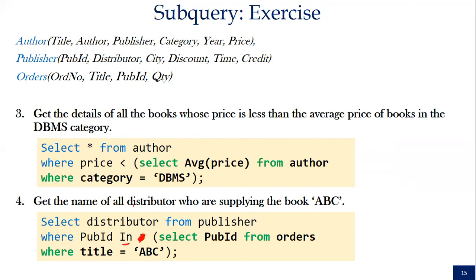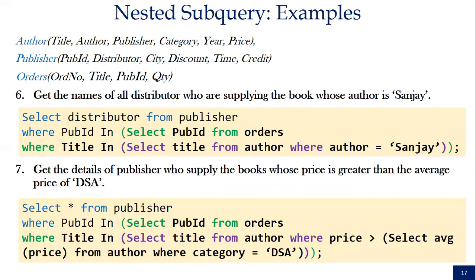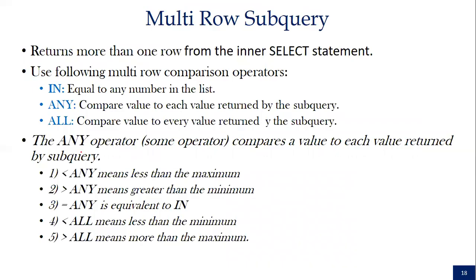IN is a multi-row comparison operator where it will compare with a set, or with a number of values. In a multi-row subquery you can utilize IN, ANY, ALL as multi-row comparison operators to compare multiple rows simultaneously.